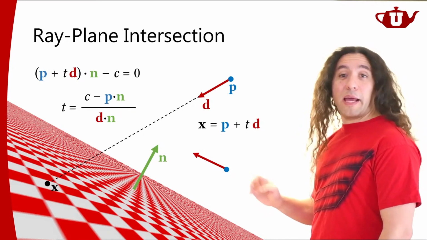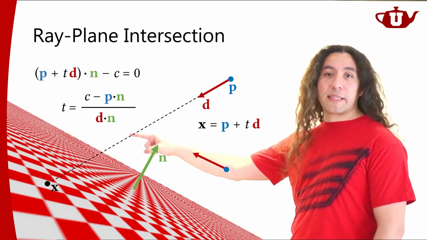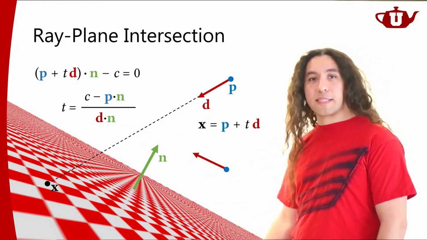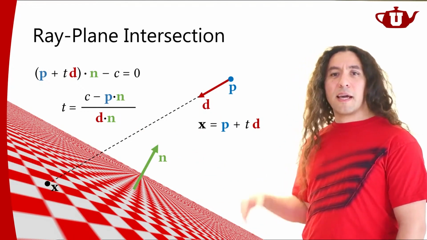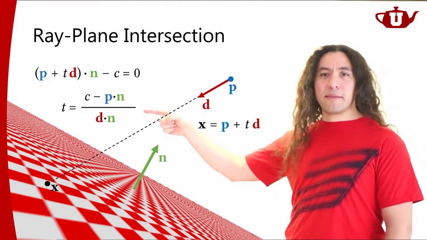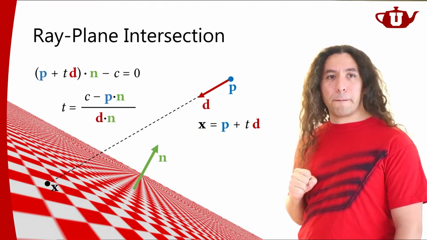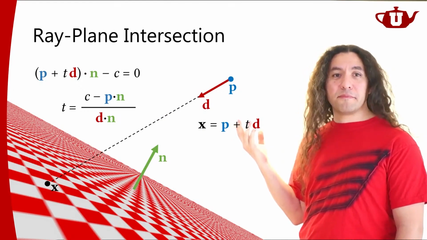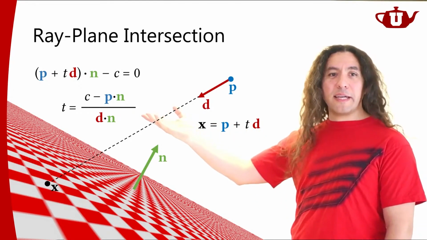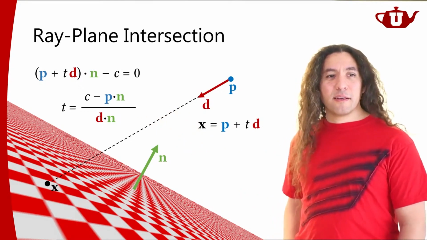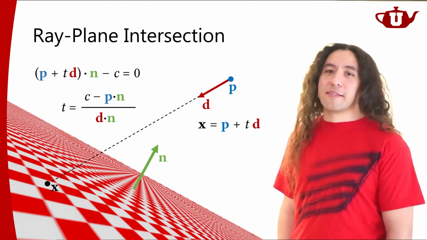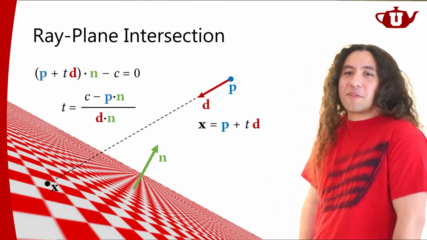I just need to check that special case. If that's not the case, I'm going to say yes, it intersects with the plane at this t value, whatever that t value is. Simple enough? Very simple, right? It's simpler than the sphere equation. Maybe not a lot simpler.